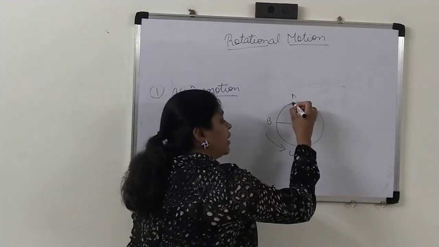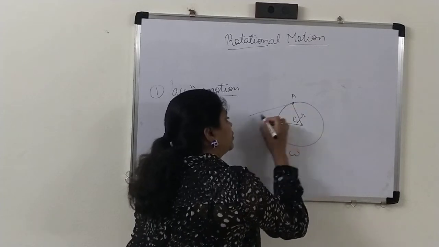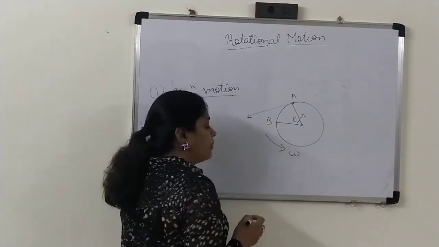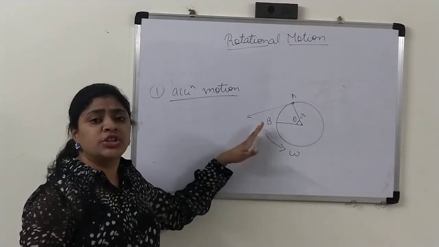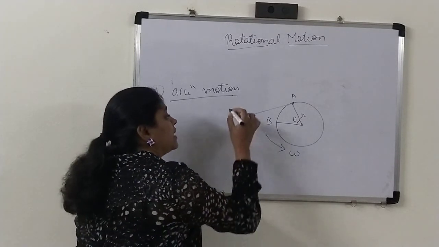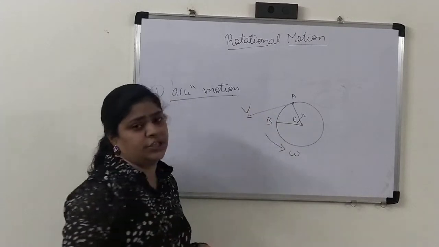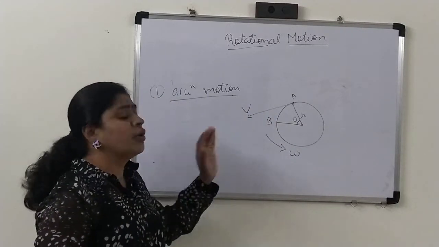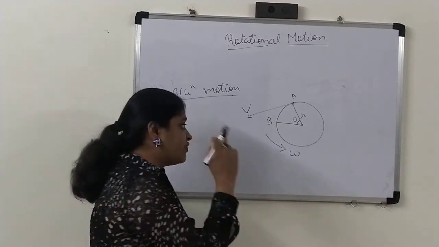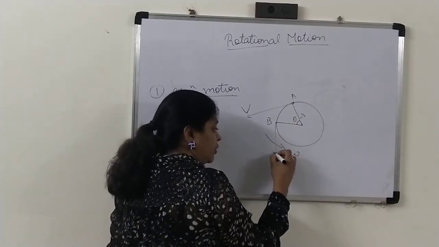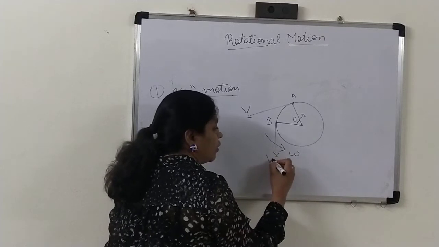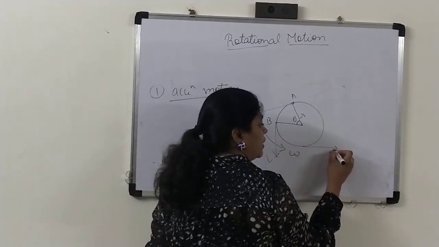At the point on the radius, you draw a tangent. This tangent shows you the direction of the object, that is the linear velocity. Hence, whenever the point changes, the tangent will be drawn at that point and the velocity will be known.